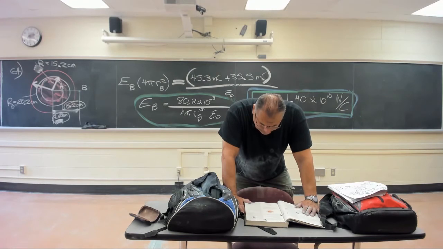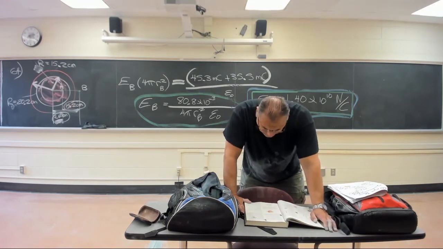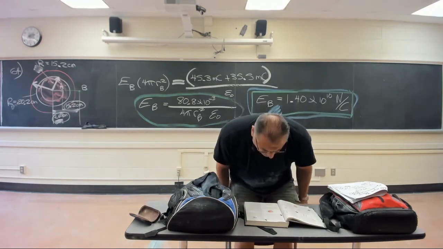And at a radial distance of 12 centimeters from the center. Okay, let's see here, guys. Let me sit down and actually read this carefully with you, and we'll see what we can say about it.